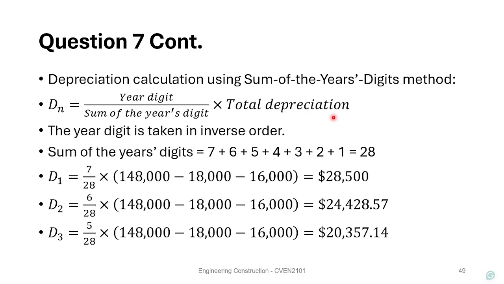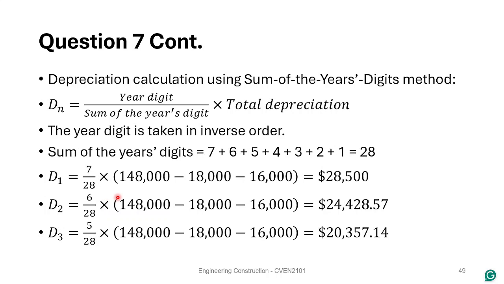So it's uniform. In terms of the sum of the years digits method, remember to keep the numbers on top in reverse order. So in year 1, you take the biggest year. Let's say your equipment life is 7 years, like in this case. In year 1, you will take it as 7. Year 2, you will take it as 6, year 3 as 5, and so on and so forth.